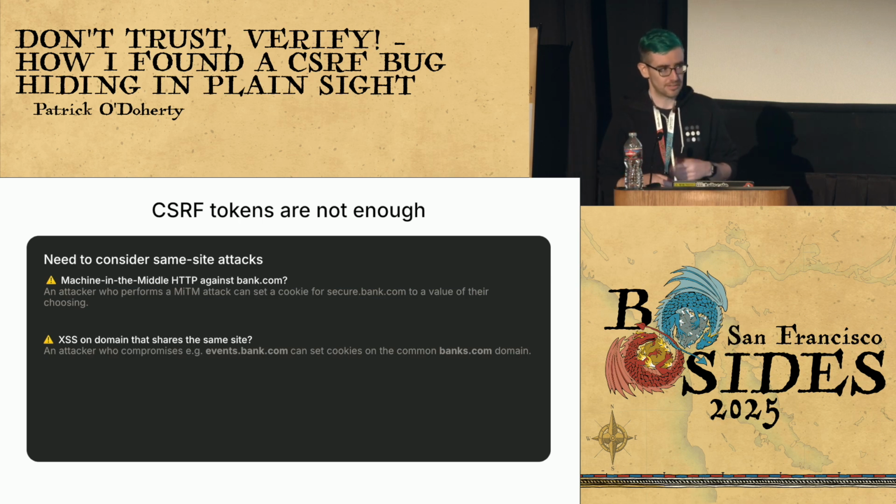Or they could attack a related website. So it's pretty common for, maybe you have bank.com, but there's events.bank.com, which is a little bit more loosey-goosey with its security, and you can launch a cross-site request forgery attack from there. And here, any cookies that events.bank.com sets on the common site domain that they share between them, those will be valid. Those will be sent to the onward destination.